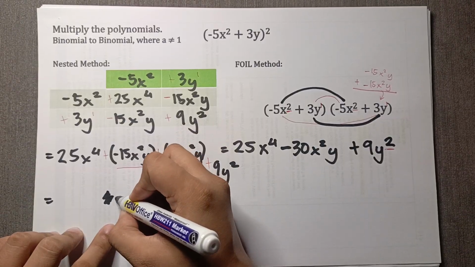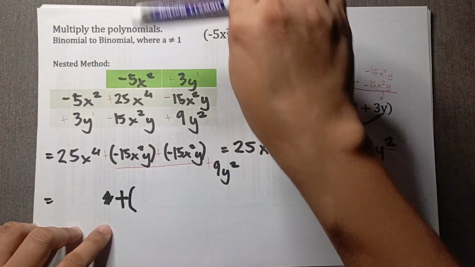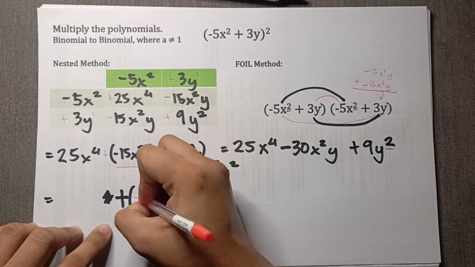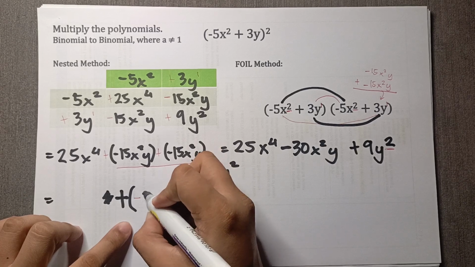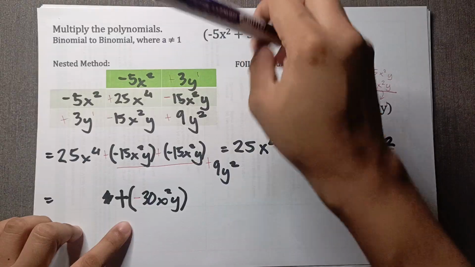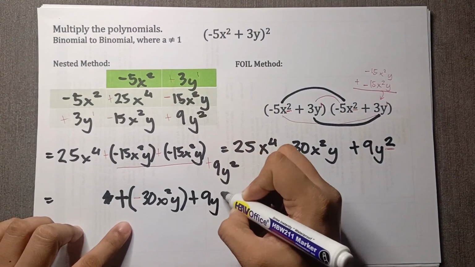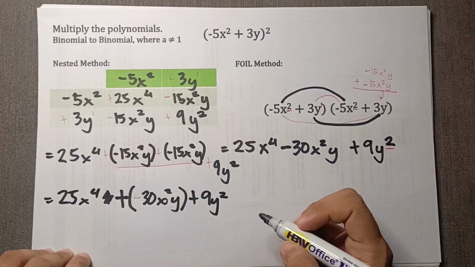I-disregard na natin ito. Minus, kasi nga, di ba, when we use this one, ayan, sige, long method muna natin para kita nyo. Negative 30 x squared y and plus 9y squared, tapos yung dito na 25 x raised to 4.